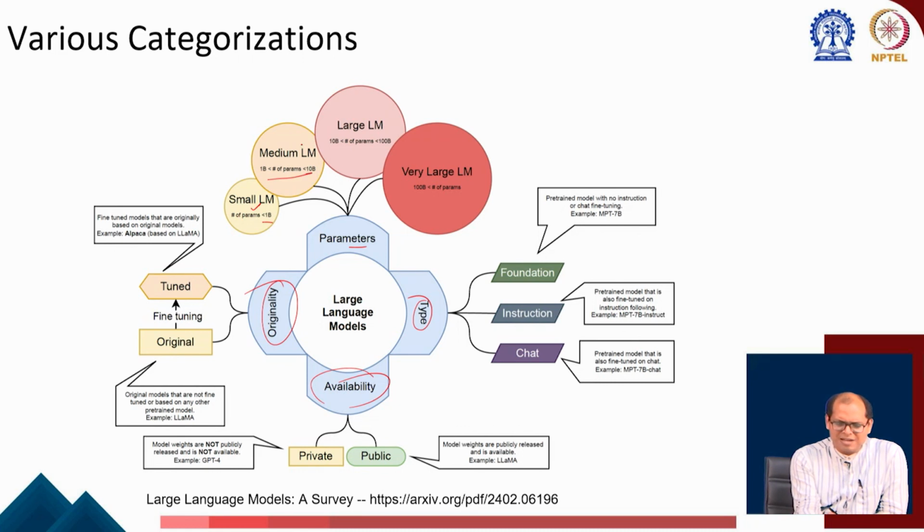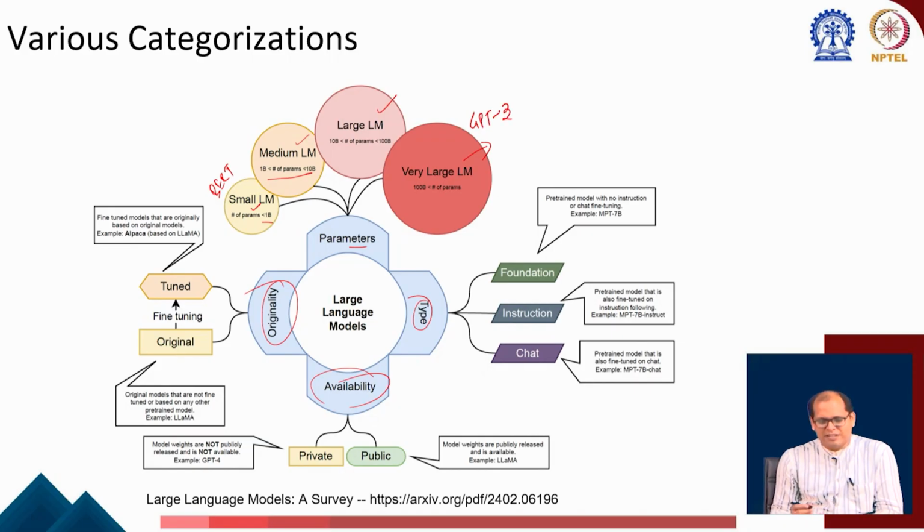Between 1 to 10 billion parameters, a medium LM. 10 to 100 billion, a large LM, and more than 100 billion, a very large LM. So our BERT models were small LMs, while GPT-3 will come here. Similarly, Llama 2 with 7 billion would come in medium LM, but 70 billion will come in the large LM. So that is one categorization.